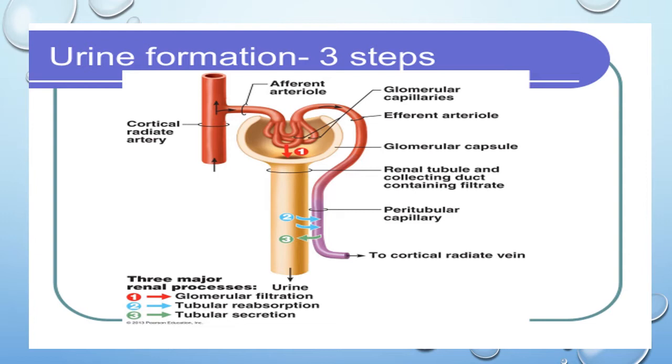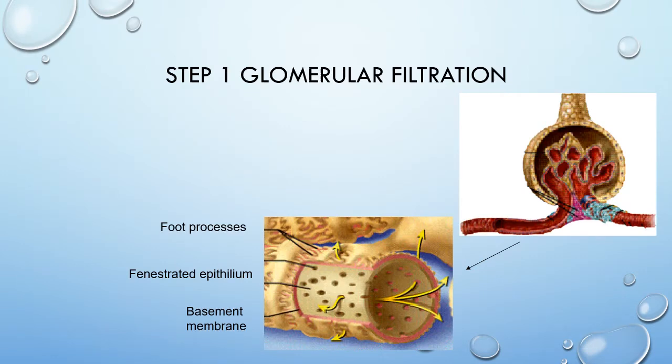All right, so let's actually get into the physical steps. The first step is glomerular filtration. I can tell you right now, step 1 takes a couple slides to explain. It seems to be, how should I say, the most difficult as far as the process, and we'll just leave it at that.